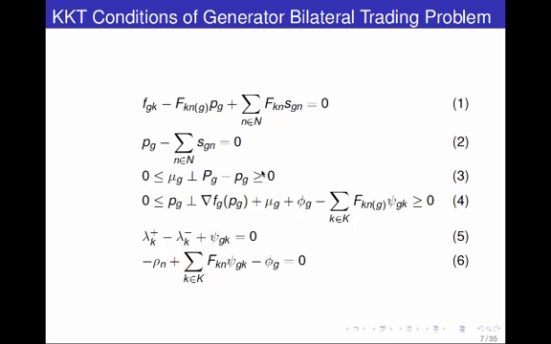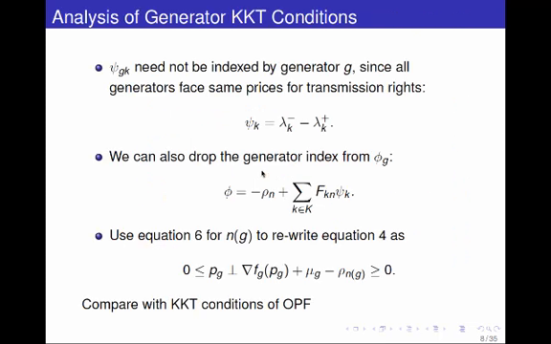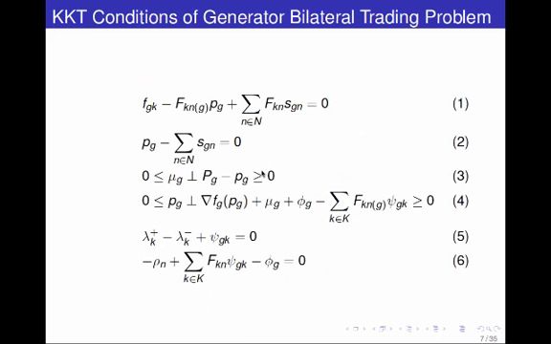It's not indexed by G. The psi's are also not indexed by G. My claim is the following: when I'm collecting the KKT conditions from all the generator problems, the psi won't be different from generator to generator. I can drop the G index. Do you believe my claim or you think I'm a liar?